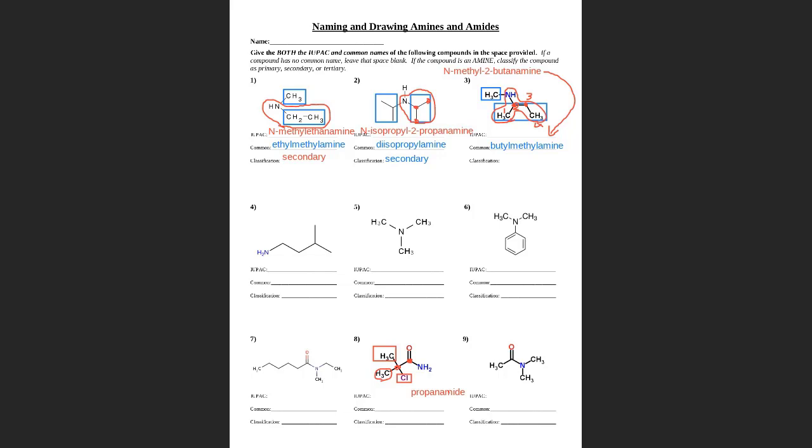So the main chain, I'll go ahead and circle this. So I see I have chloro on carbon number 2 and a methyl on carbon number 2.